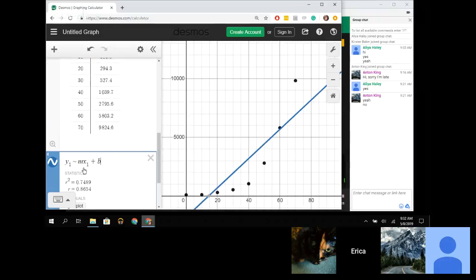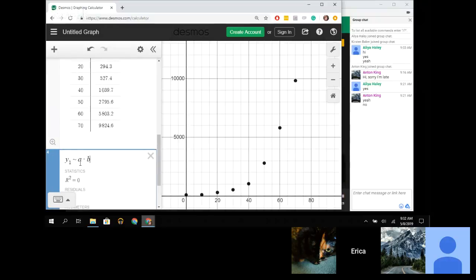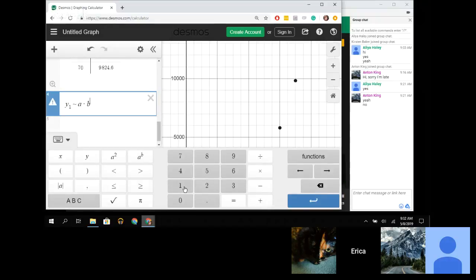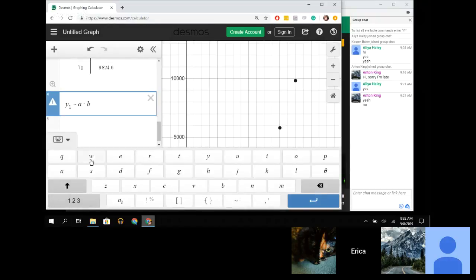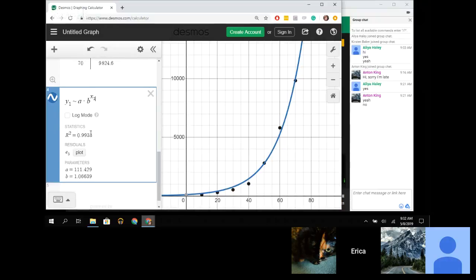So instead of y equals mx plus b, let's do y equals a times b to the x1 power. So it's a little difficult to type in these, but once you type them in, if you just keep changing the equation, or if you leave the equation on there, it's not too difficult to do.